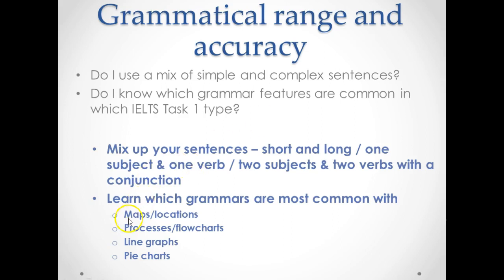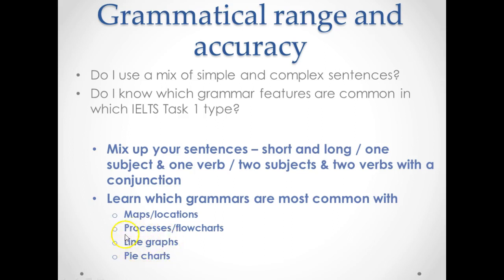For example, maps and location data uses lots of prepositional phrases. In the corner, to the north, on the other side of the river. Processes and flow charts use a lot of passive voice.